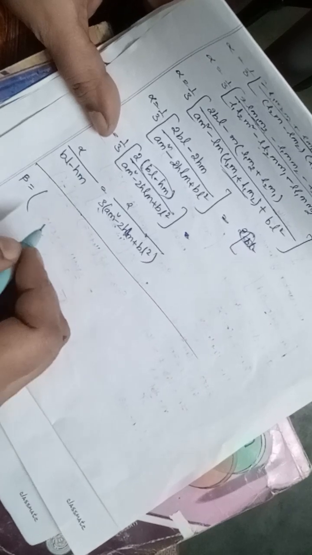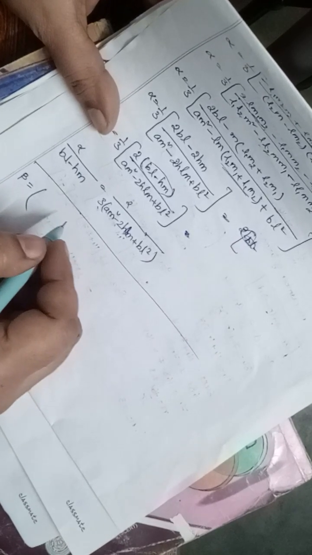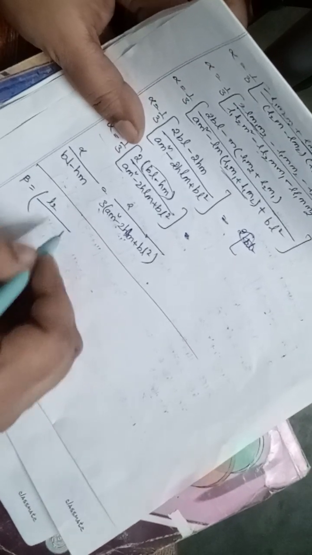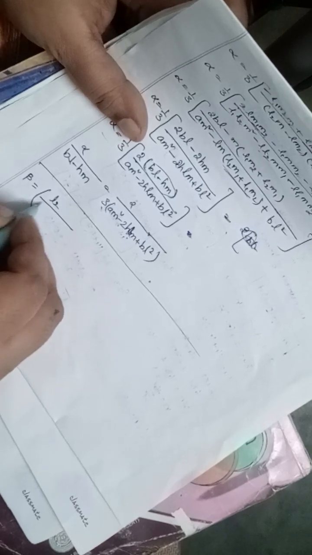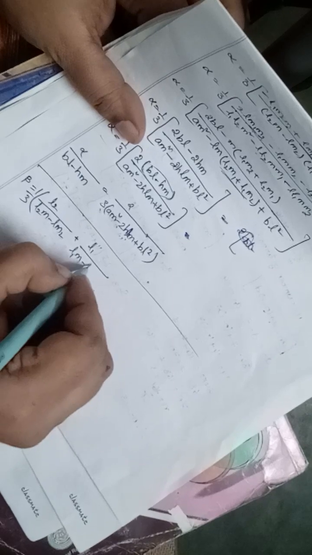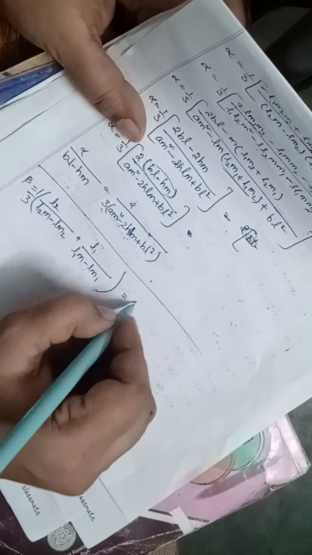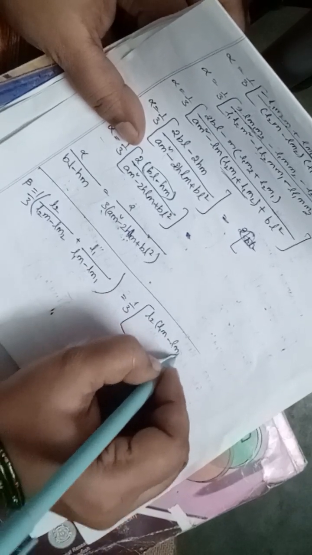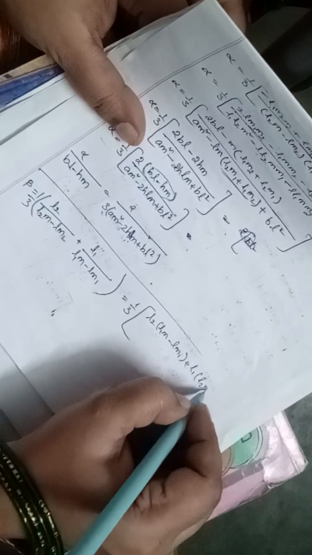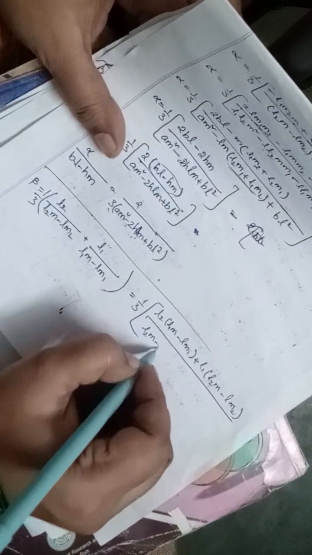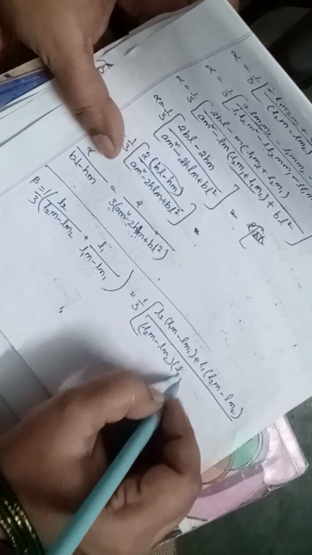What we got for beta: L2 by L2m minus LM2 plus L1 by L1m minus LM1, all by 3. This equals 1 by 3 into L2 into L1m minus LM1 plus L1 into L2m minus LM2, whole by L2m minus LM2 into L1m minus LM1.